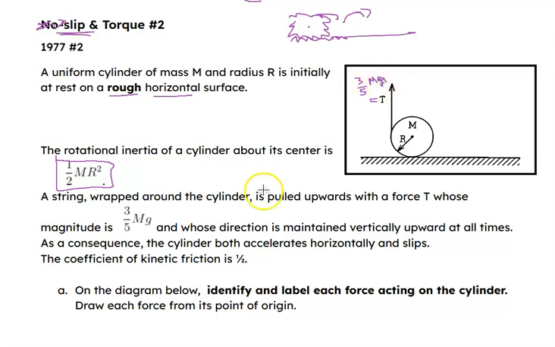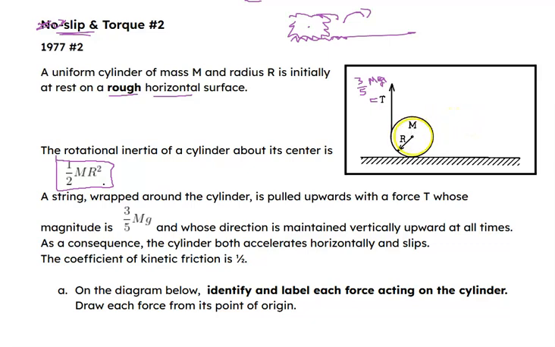Its direction is maintained vertically upward. As a consequence, it accelerates horizontally, which might seem weird because the net force is up. So that's the first head scratcher. It is accelerating horizontally.